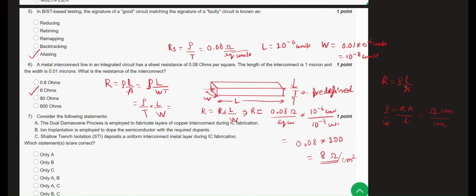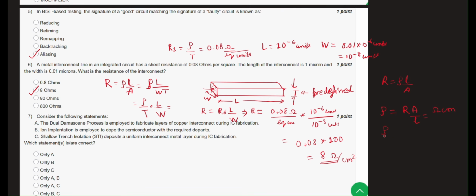This R is rho L by A. So if you see, rho has a unit of R A by L. A has a unit of centimeter square and L is centimeter, so it is an ohm centimeter kind of unit, right?